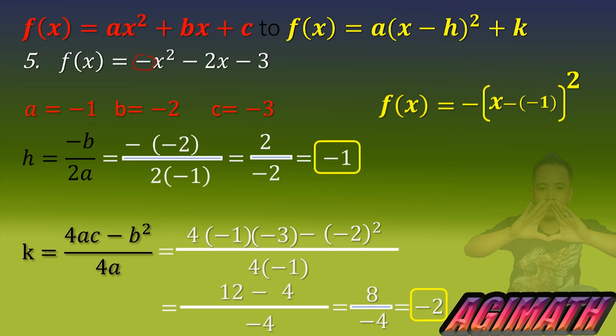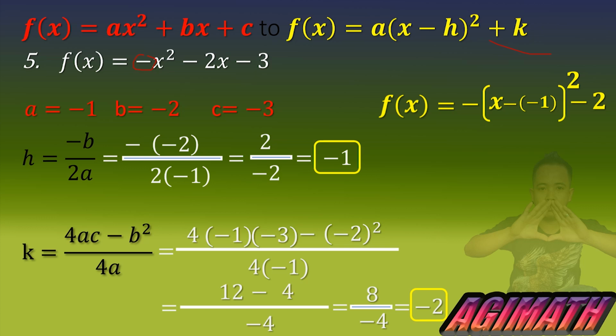The value of h is negative 1, so we write x minus negative 1, plus k. But the value of k is negative 2, so it should be minus 2.